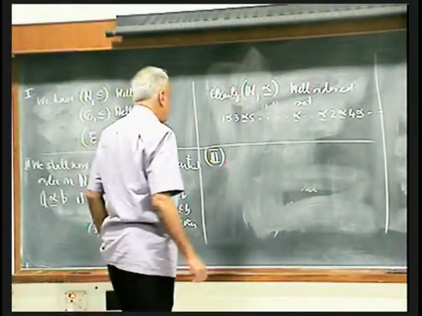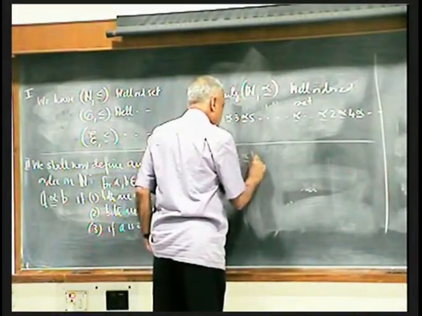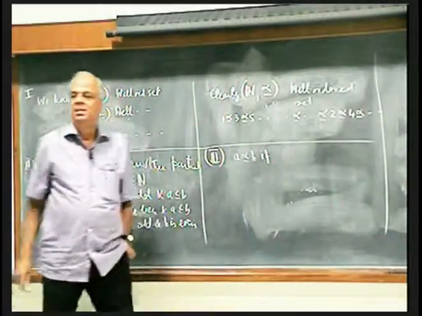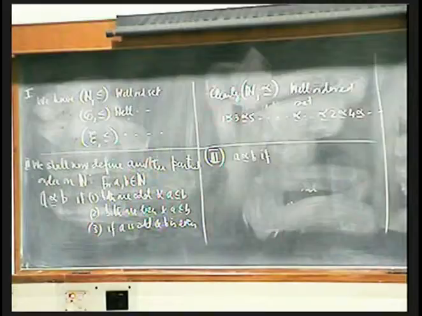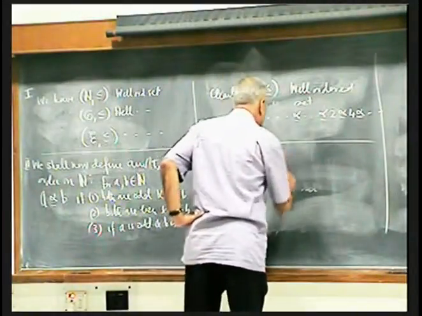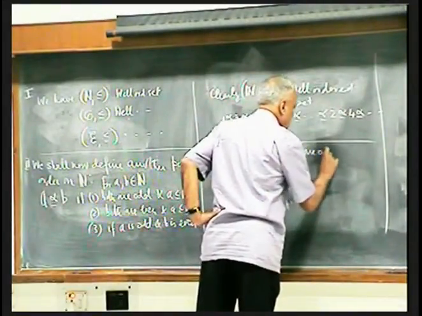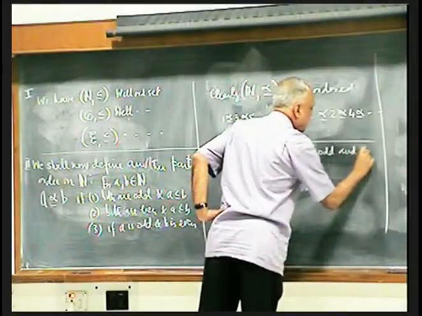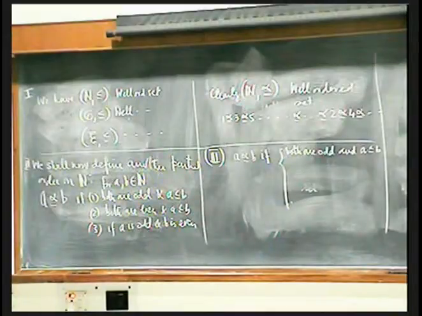Now what I am going to do is, first, if both are odd and A is less than or equal to B, I know how to compare them: the smaller one precedes the bigger one.